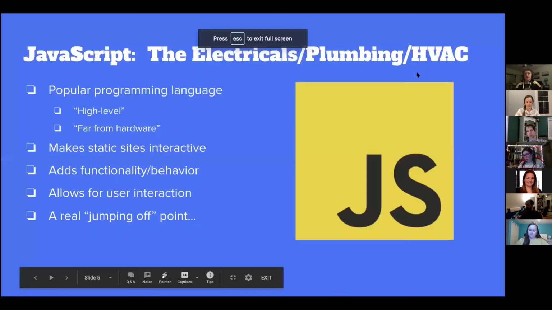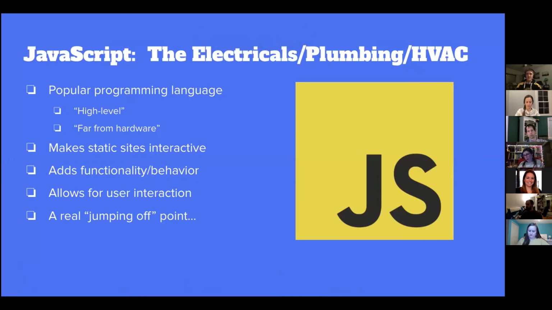JavaScript is a real jumping off point. It's a very popular programming language, and it really moves beyond everything we've done so far, as you might expect. But everything you need to know in this presentation is that we built our house. We have our bones, we have our studs, the blueprint, the sandwich buns and the meat.